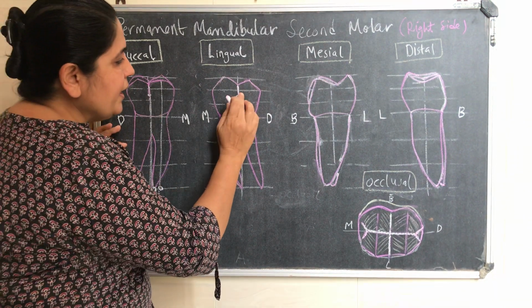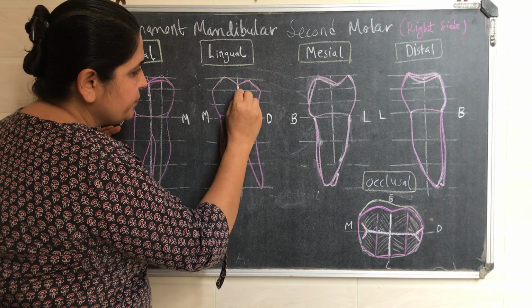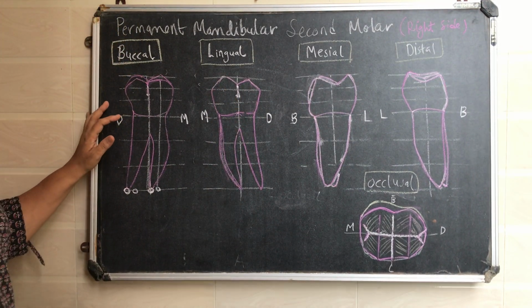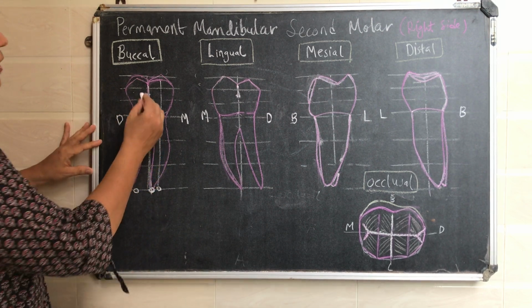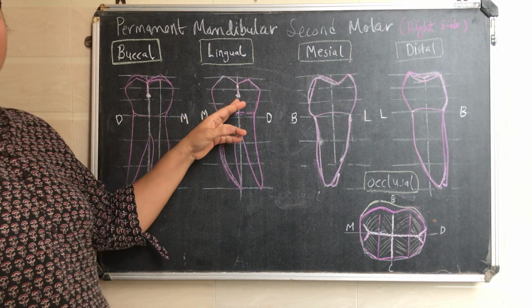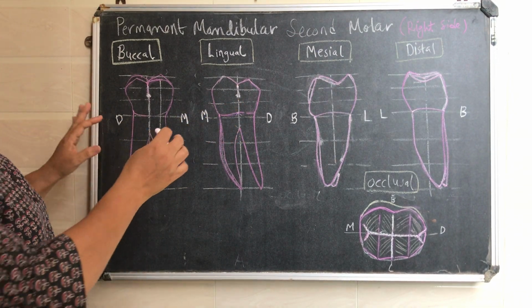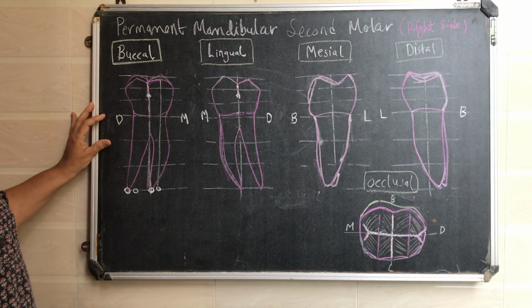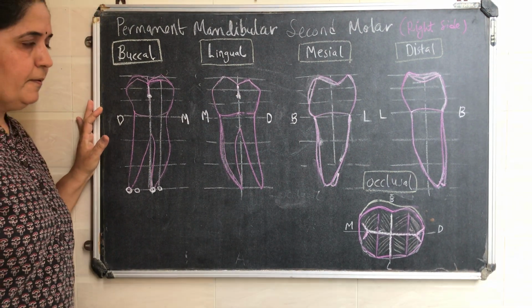But usually it fades out, and usually there is no pit formation. The buccal developmental groove usually forms a pit, whereas the lingual developmental groove, near its termination, becomes shallow and there is no pit formation.